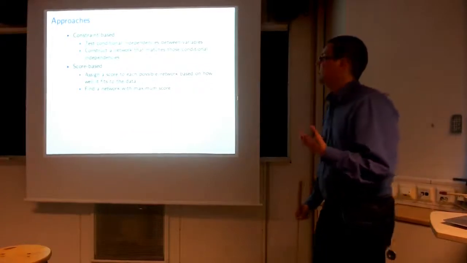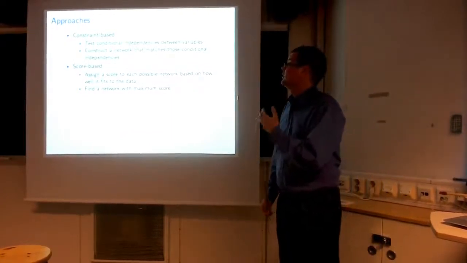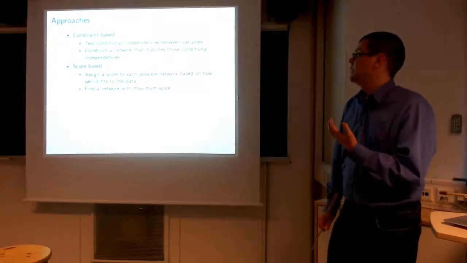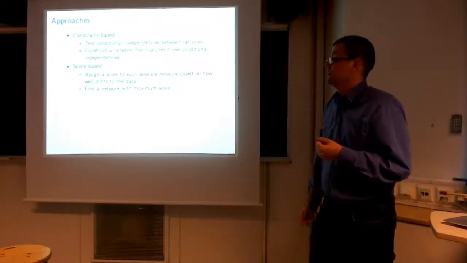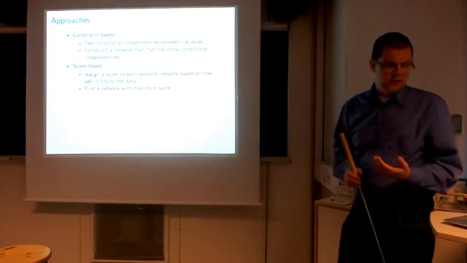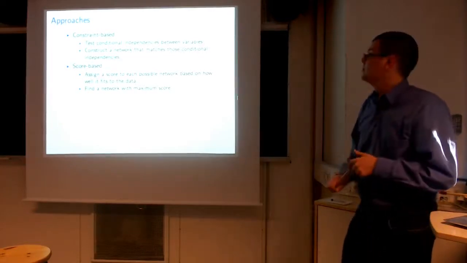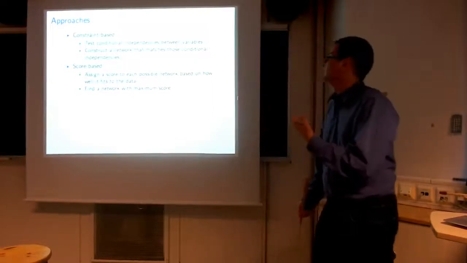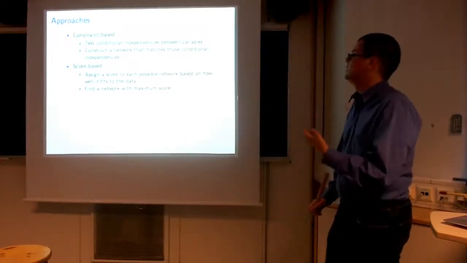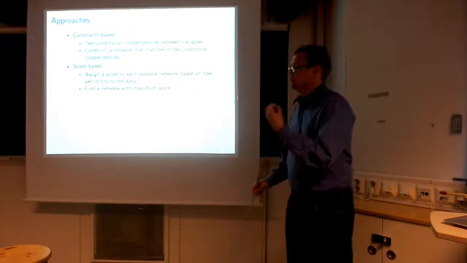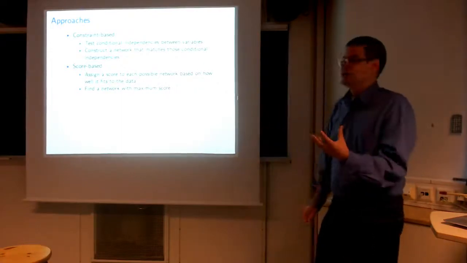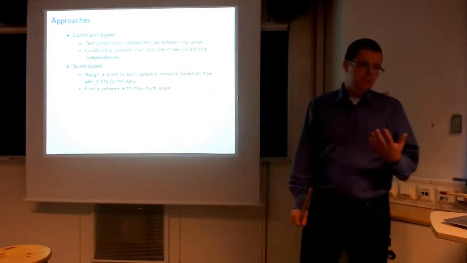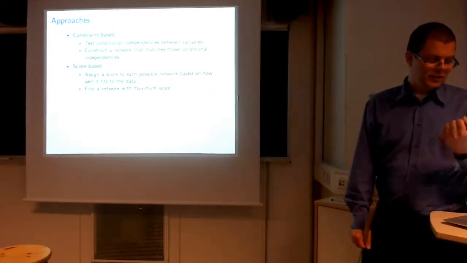There are two basic approaches for learning these networks: constraint-based and score-based. In the constraint-based approach, we conduct some statistical tests to test conditional independencies between variables. From those we get constraints, and then we try to construct a network that matches those conditional independencies.